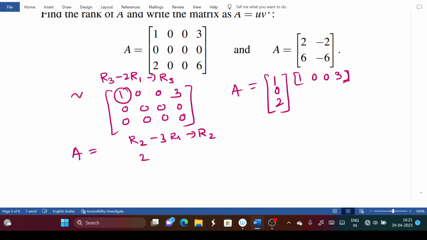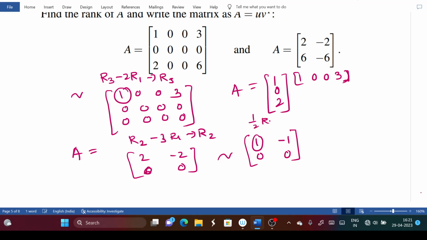It is 2 minus 2, 6, sorry, 0, 0. Now, as I am interested in converting it into row reduced form, that is 1 minus 1, 0, 0. So this is my pivot, all the pivots are 1, and in the pivot column the rest of the elements are 0. So now it is in row reduced form. So what I have done is R2, 1 by 2 R1 stored in R1.